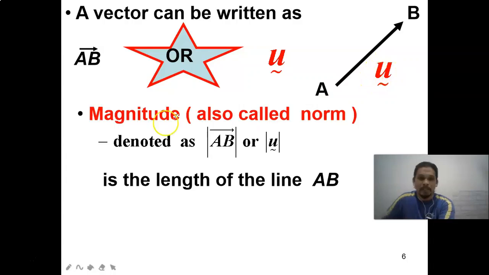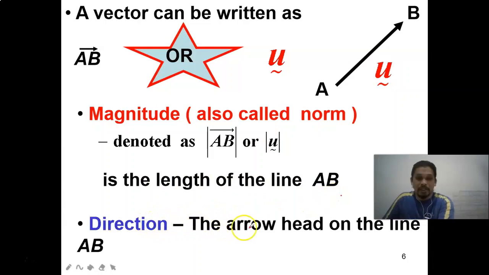The magnitude, also called the norm, is denoted as the absolute value of vector AB, or the absolute value of vector u, and it is the length of the line AB.